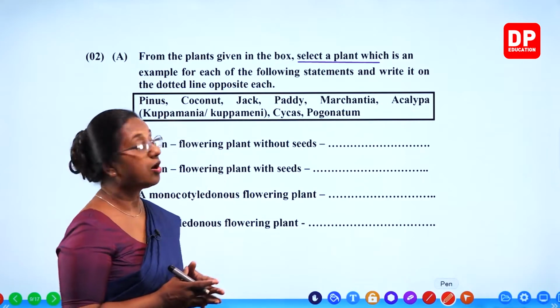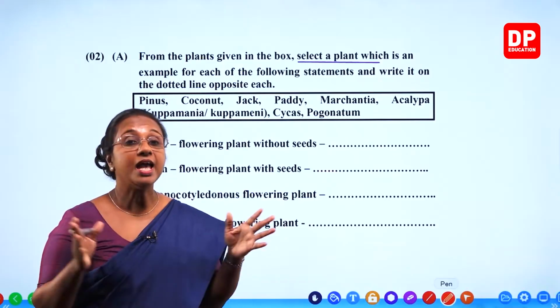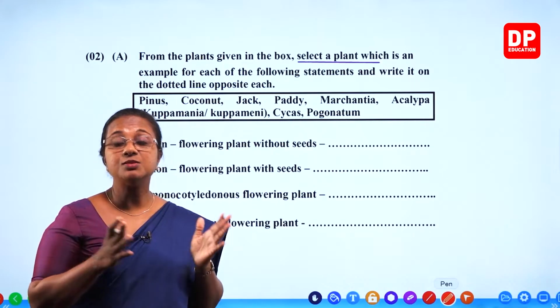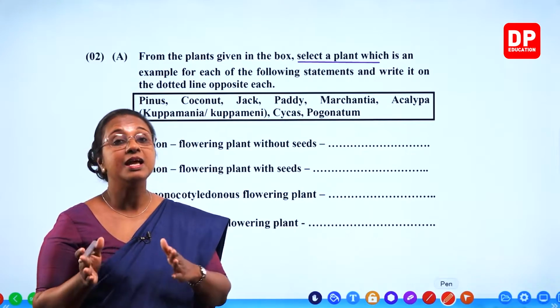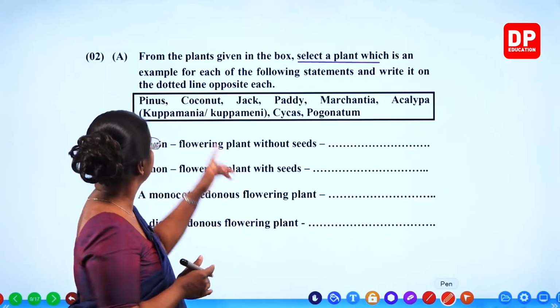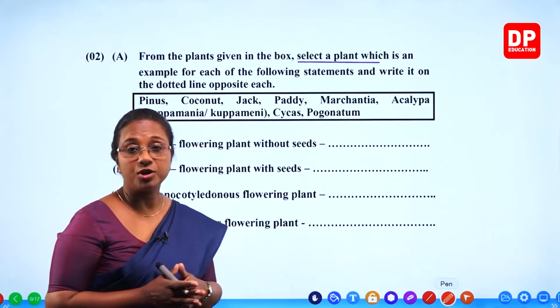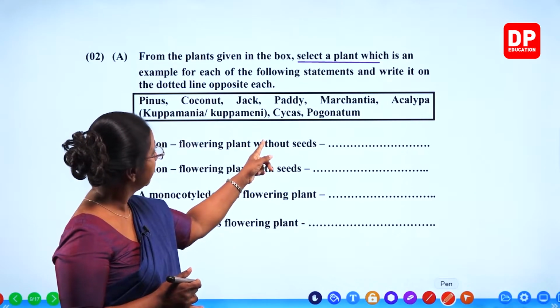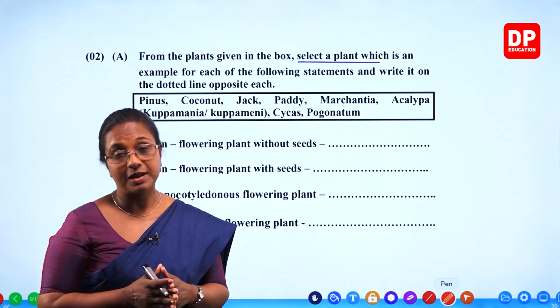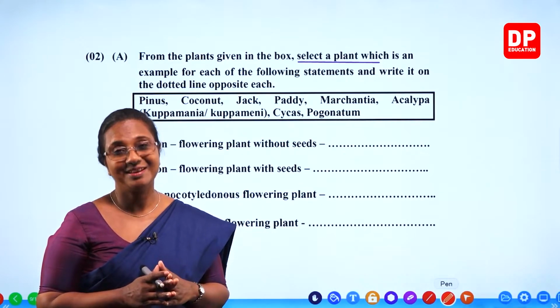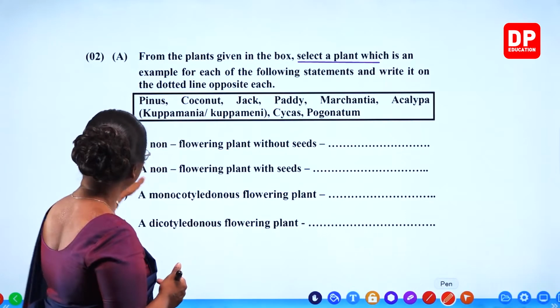Then the rest are all angiosperms. Angiosperms are further divided as monocots and dicots, or monocotyledonous plants and dicotyledonous plants. Coconut and paddy, they are monocots. Jack and acalypha, both are dicot plants. I'm sure you can remember all that.